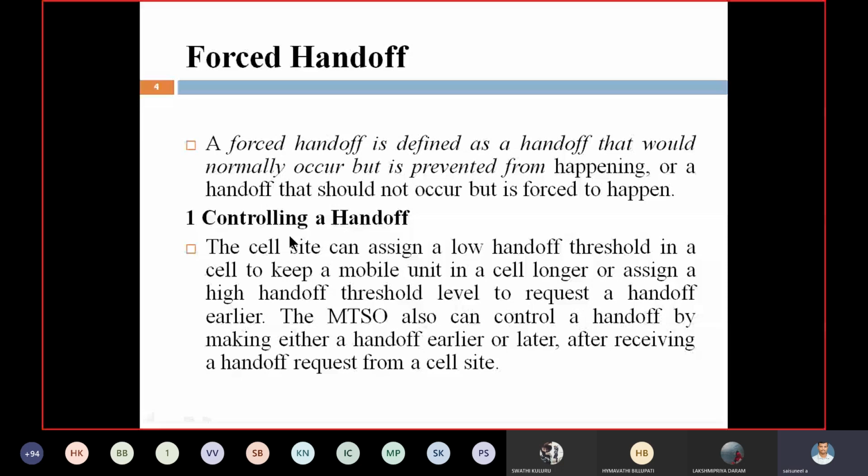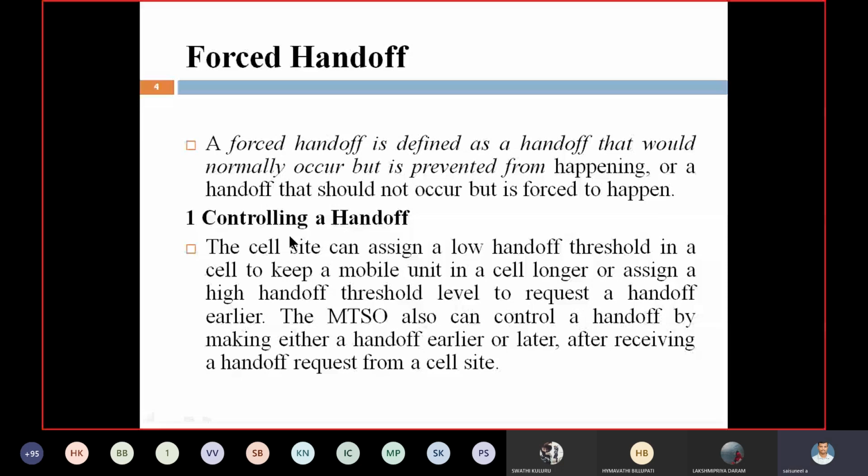Forced handoff can be done by two methods. The first one is controlling handoff. Here, handoff is decided by a threshold value. Suppose we give a handoff threshold value of 20 dB. After 20 dB signal strength, there is no buffer, and the call is terminated.